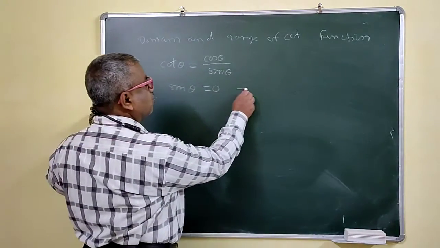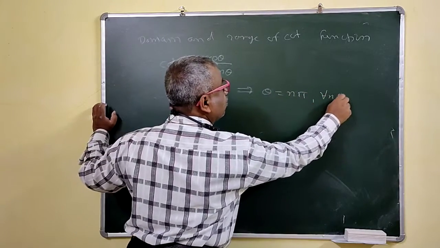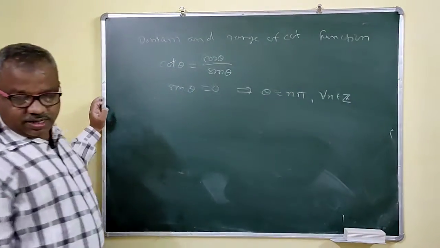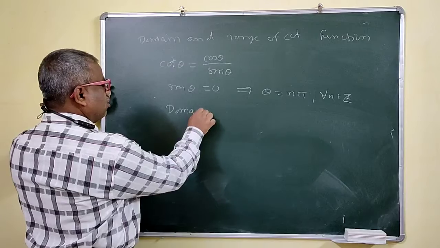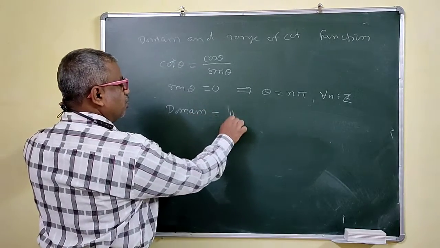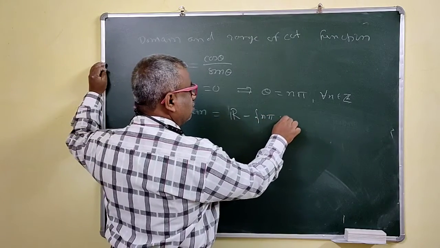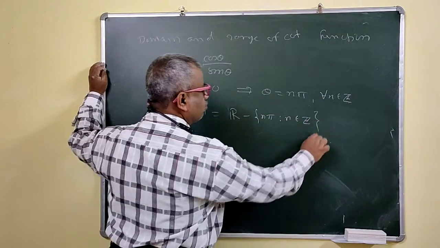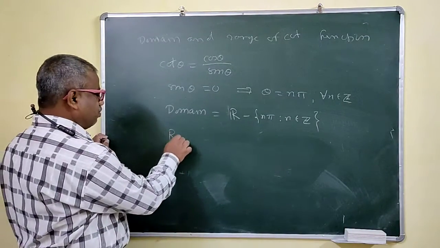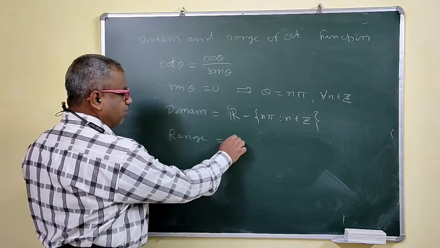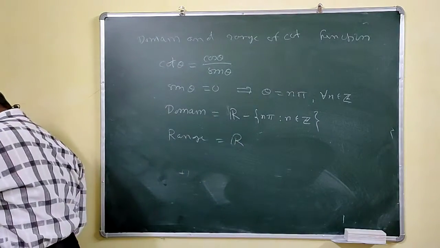Sin theta is equal to 0 implies that theta is equal to n pi for all n belongs to Z. Therefore the domain is equal to the set of all real numbers minus n pi, n belongs to Z. You have to remove these points n pi, and the range will be the same, whole R.